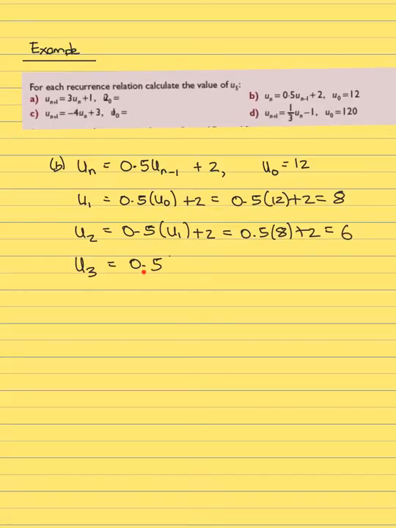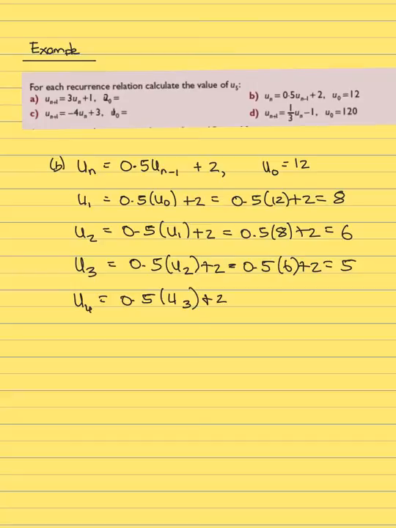Third term is 0.5 times the second term plus 2, so it's 0.5 times 6 plus 2, which gives us 5. The fourth term is 0.5 times the third term plus 2, which is 0.5 times 5 plus 2, which gives us 4.5.